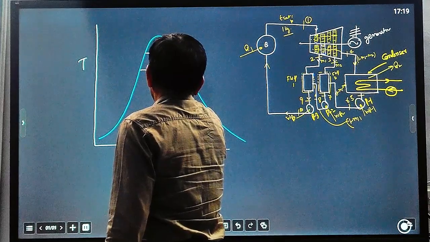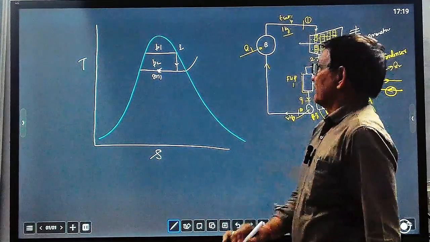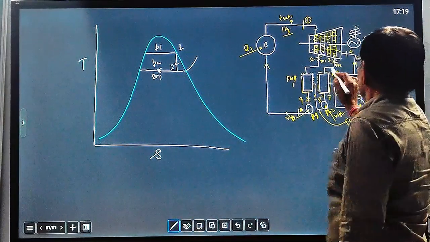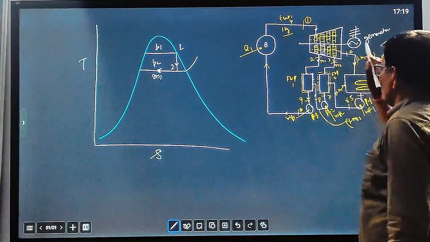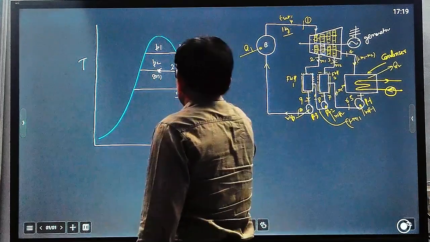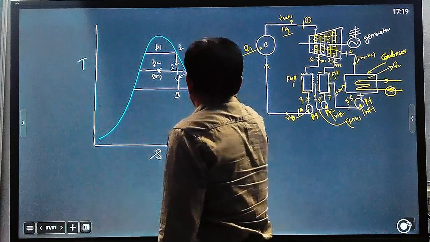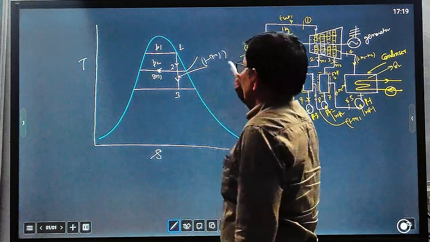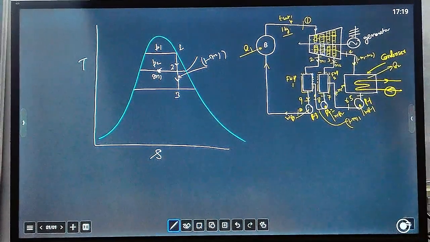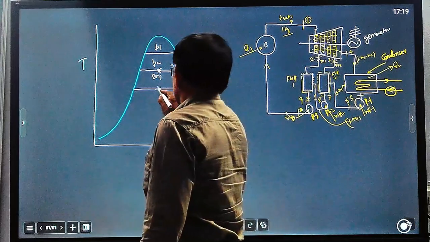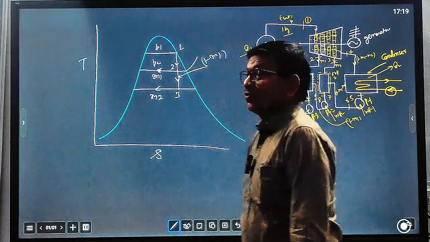Here M1 quantity of steam is taken back from state 2, so the remaining quantity will expand from state 2 to state 3. Here the steam, that is 1 minus M1 quantity, will expand from state 2 to state 3, and then M2 quantity is again taken back for heater number 2.